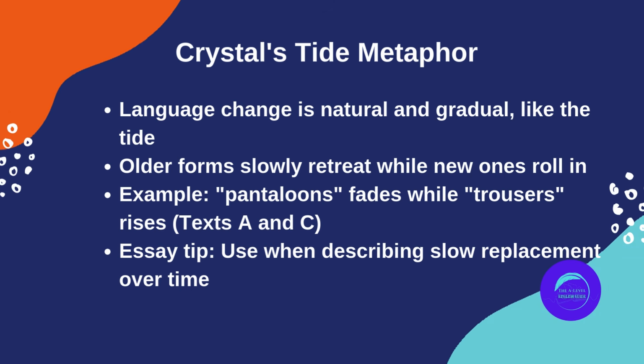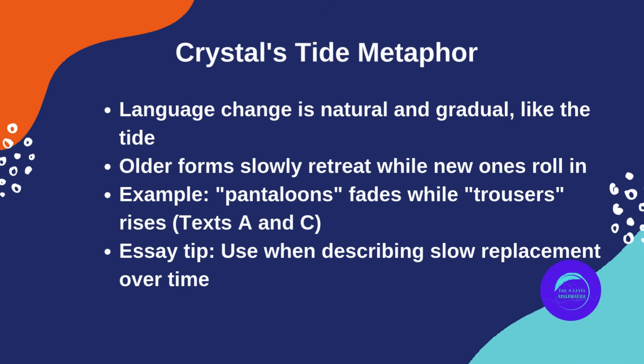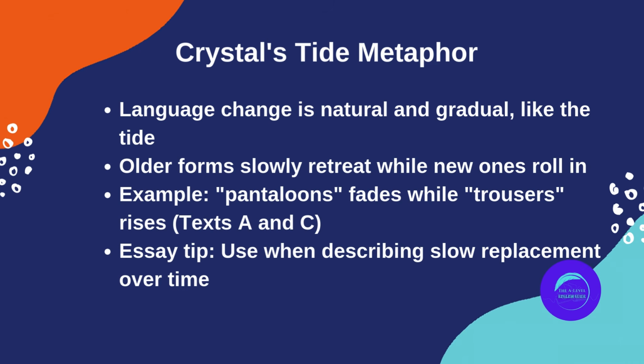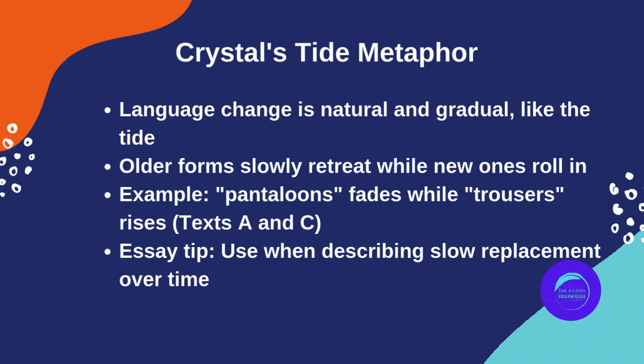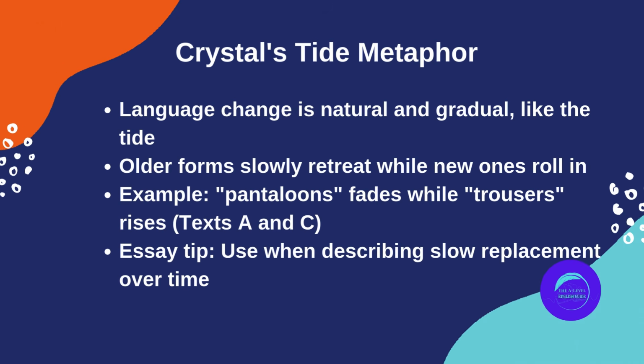David Crystal compares language change to the movement of the tide. Old forms gradually wash away while new ones roll in. Importantly, he rejects the idea that any stage of English is better or worse than another. In text A, the word pantaloons appears as part of tailoring vocabulary.